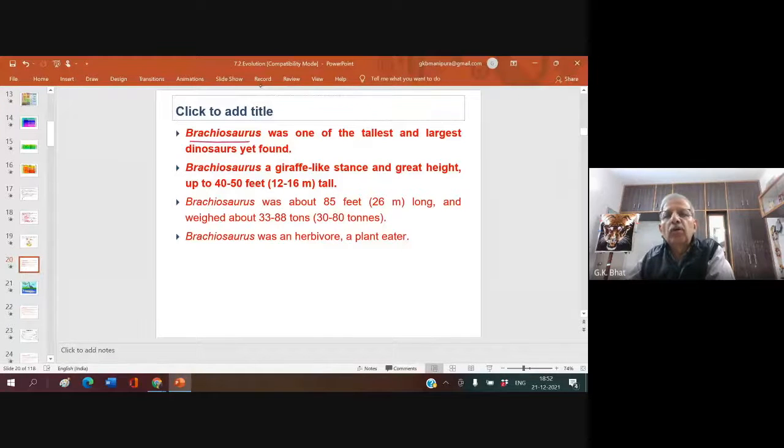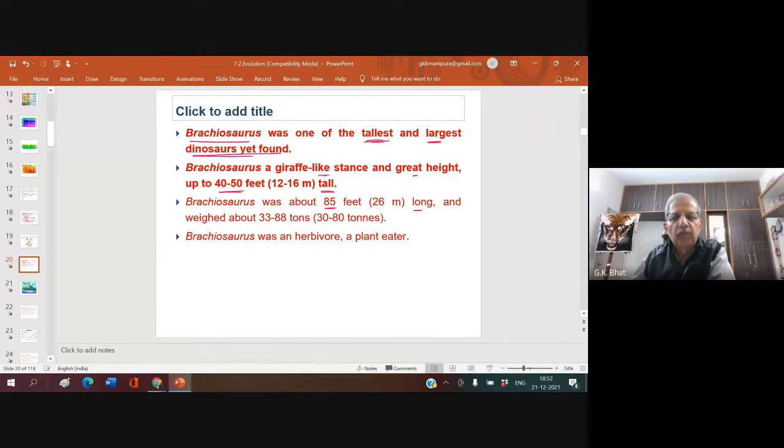Brachiosaurus was one of the tallest and largest dinosaurs yet found. It had a giraffe-like stance, great height, up to 40 to 50 feet tall, and was about 85 feet long.